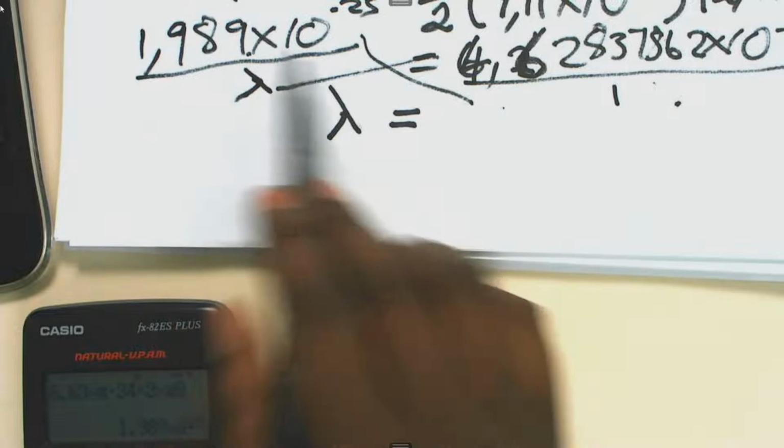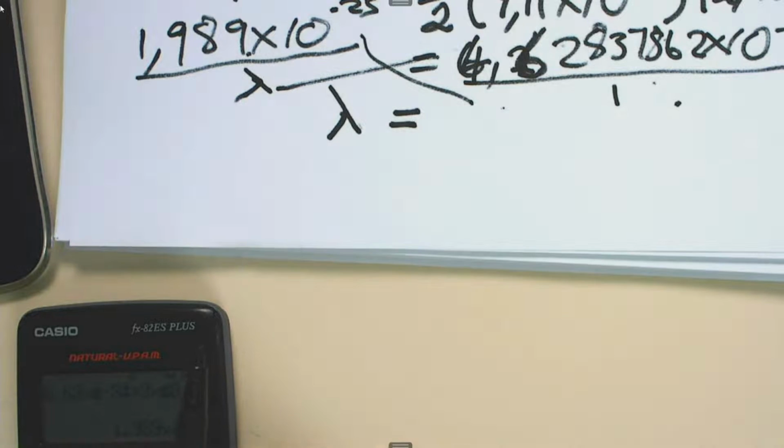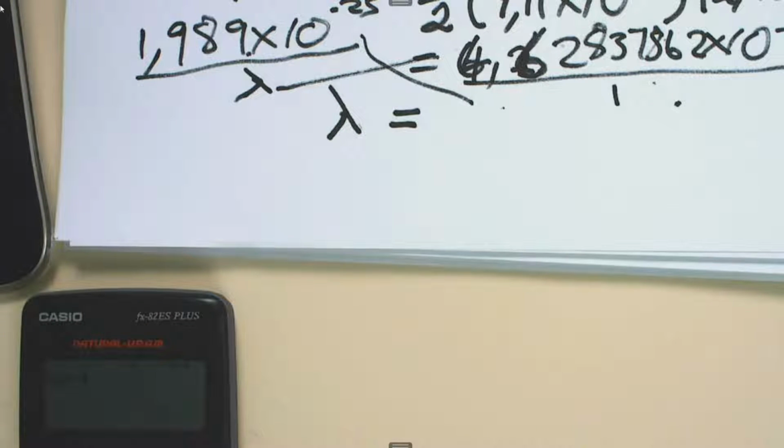When we do our cross multiplication, it will lead us to this being divided by that answer on that other side. Yes, we are going to divide this answer by 4,628,3,7,862 exponent minus 19. Then let us get our answer.